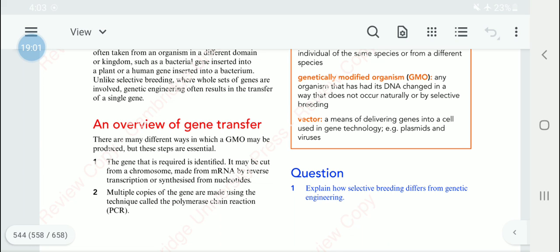Number 1, identifying the required gene and cutting it off from the chromosome, or producing it using mRNA, within brackets, reverse transcription, or synthesizing it using nucleotides.